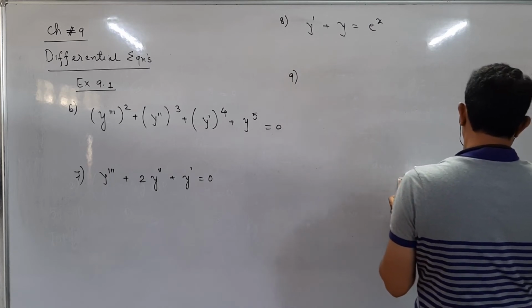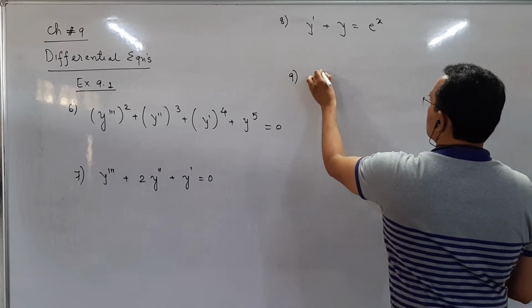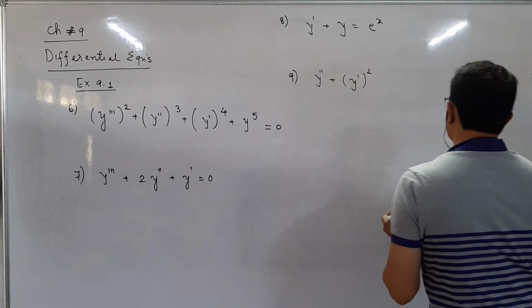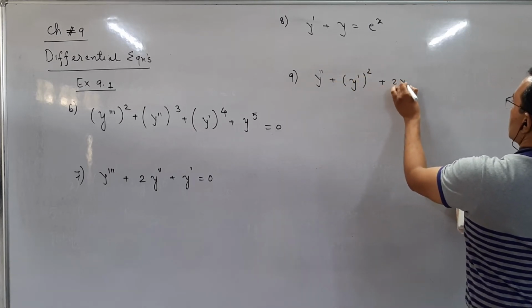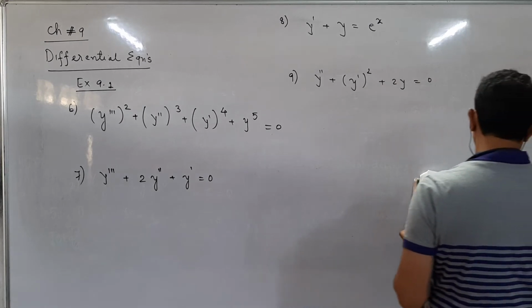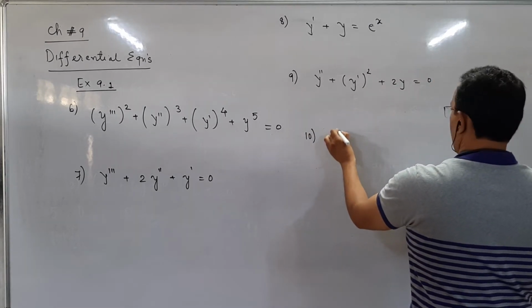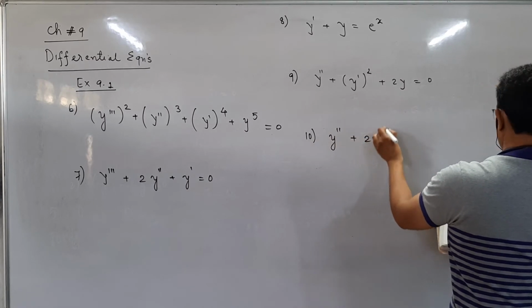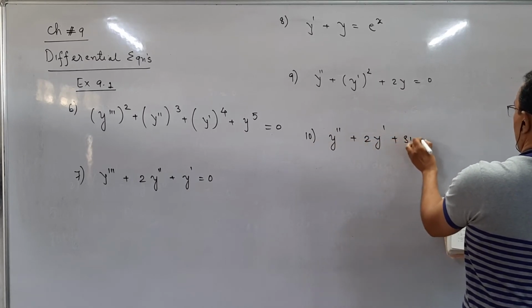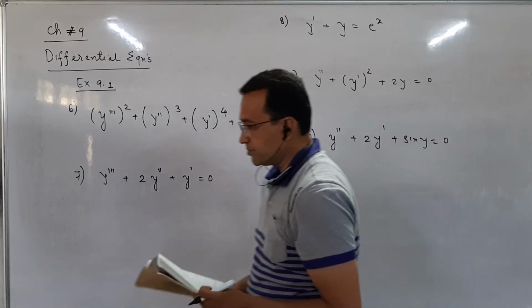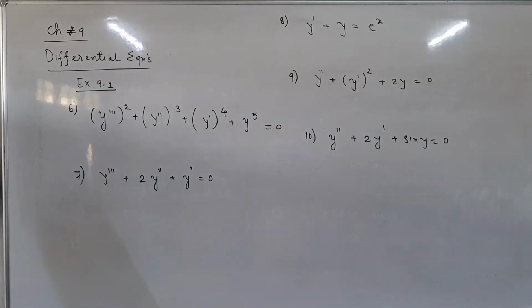Okay, 9: y double dash plus y dash square plus twice y is equal to 0, and 10th: y double dash plus twice y dash plus sin y is equal to 0. Okay, students, then 2 MCQs we will solve.